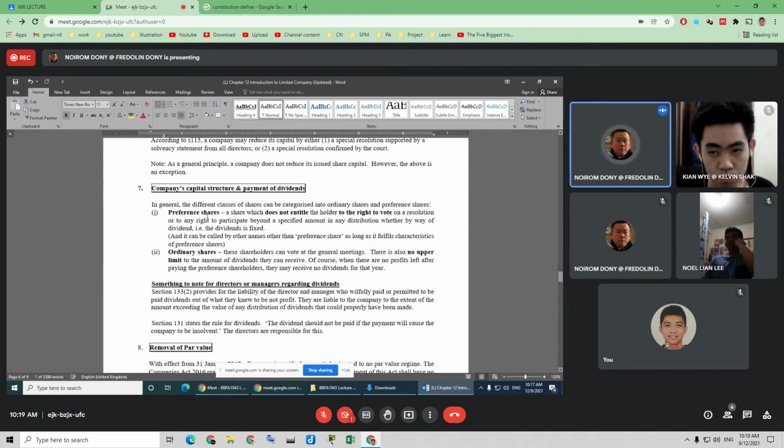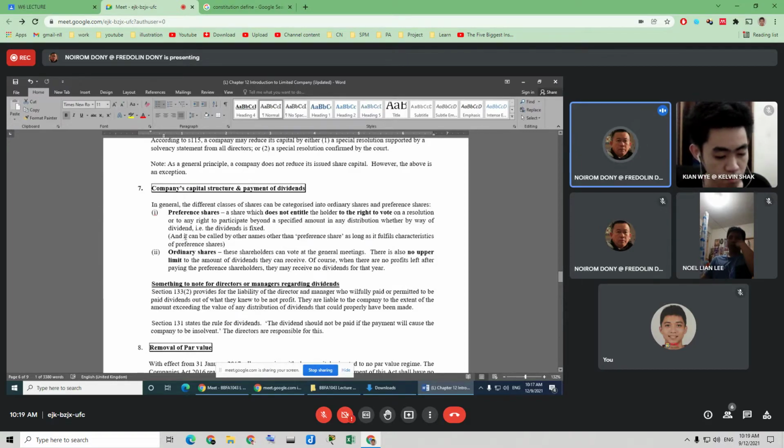Okay, that is preference share. But let's say the company has a lot of profit, and even after paying the preference share, they have extra. The preference shareholders don't have the right to participate beyond the specified amount.